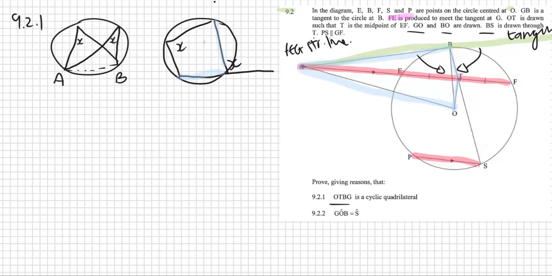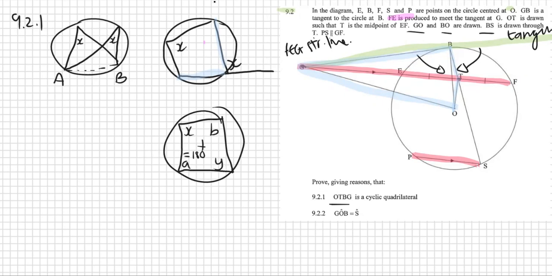And the third way to prove a cyclic quad is if the opposite angles add up to 180. So X plus Y will equal 180, or A plus B will equal 180. Those are the 3 ways that we can do it. We're going to use one of those proofs.